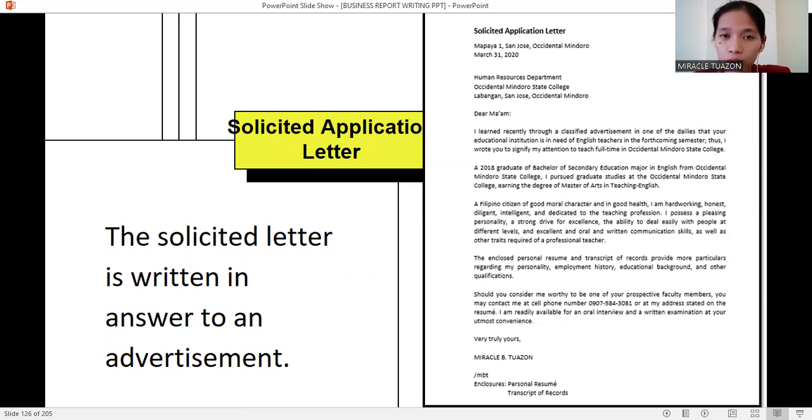Thus, I write to signify my intention to teach full-time in your school. So on the first paragraph, you can see there directly sinabi ng applicant kung saan niya nakita yung advertisement at ano yung gusto niyang apply-ang position.